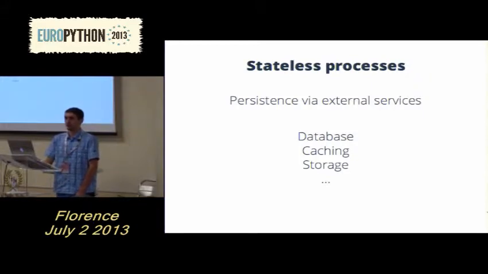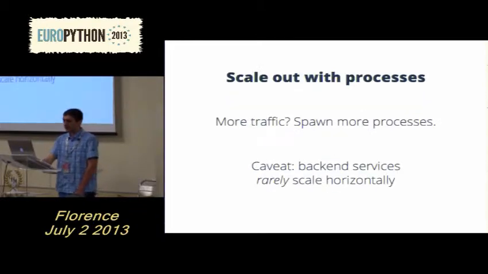So there are all sorts of tools like Amazon S3 or even open source equivalents that have the same API that you can use as storage backend. This way you can just scale out with adding more processes. If you have more traffic, you just start new machines, new processes, and you can handle more traffic.